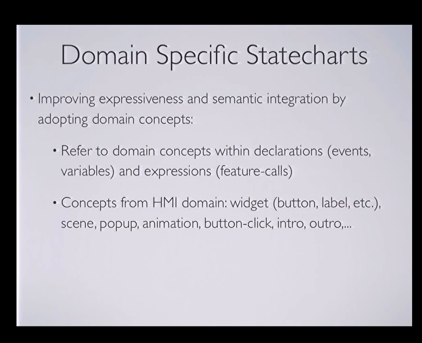So we can adopt the state machine to refer to domain-specific context within the declaration of events or within the action code that we use as effects on transitions. For instance, we want to call certain features. We want to express that we want to start the scene when taking a transition in a Statechart. So we want to really integrate the concepts of a particular domain, the HMI domain in this example here.